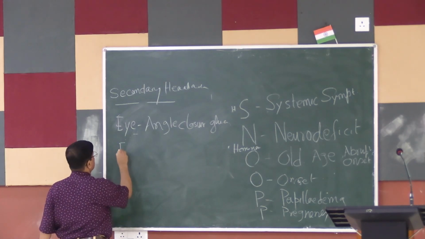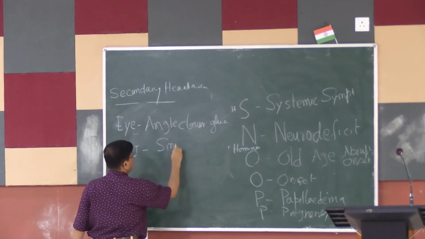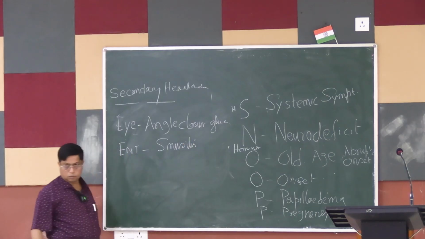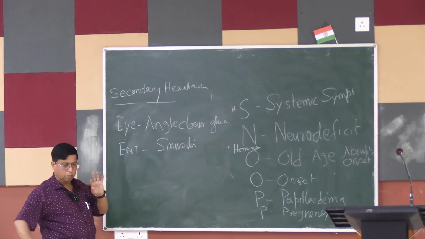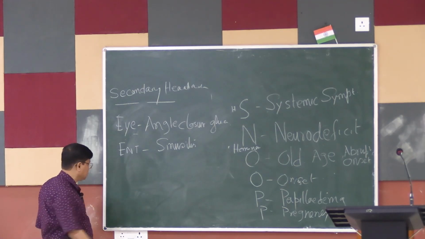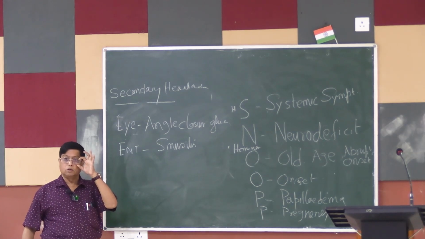Another is the ENT cause. What is the ENT cause? Sinusitis. In any sinusitis, there are several sinuses, maxillary, sphenoidal, and any sinus infection will cause severe headache. Sphenoidal sinusitis is also related to cavernous sinus thrombosis.